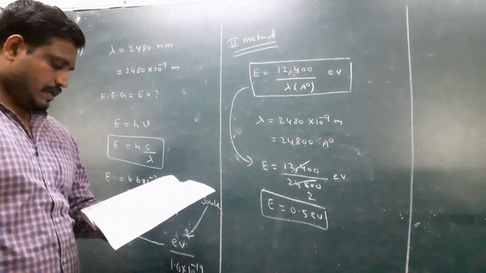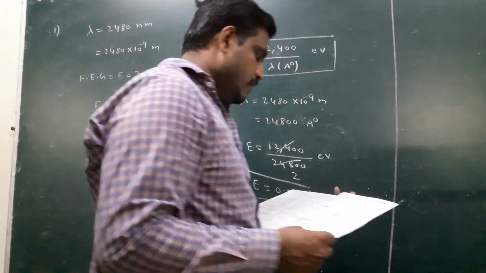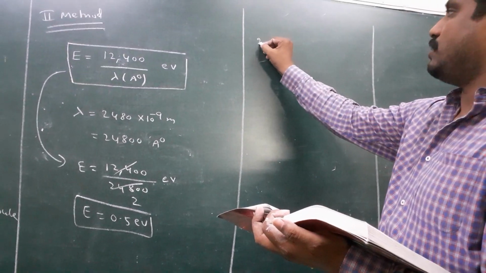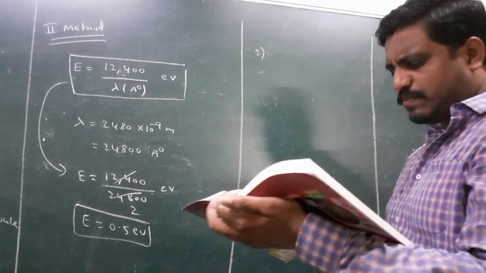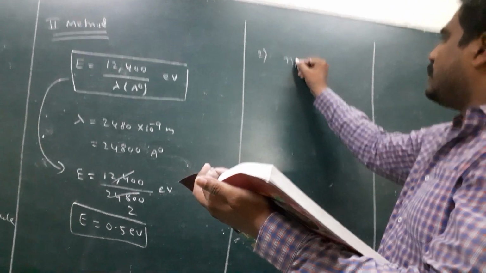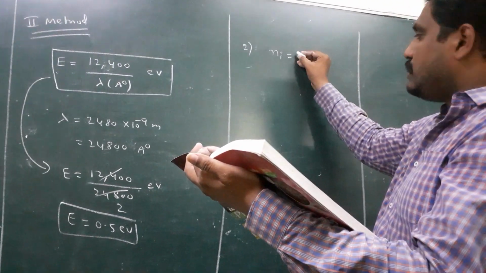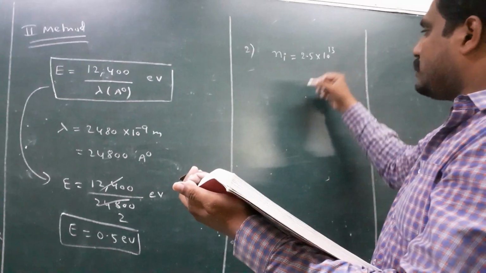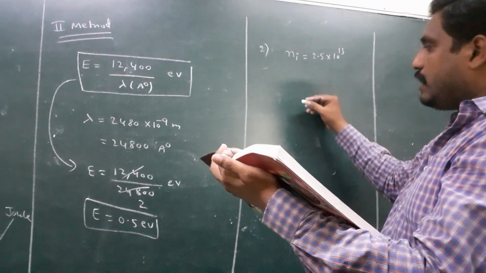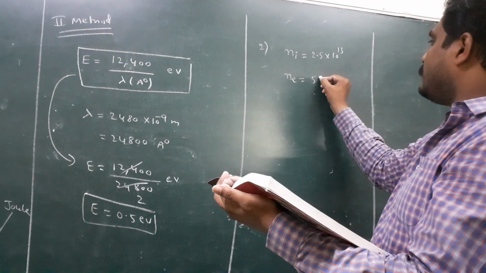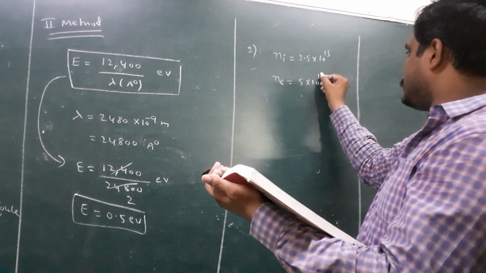Okay. Next problem, a very important model. This is the second problem. In the second problem, for an intrinsic semiconductor, Ni is given. Ni is called number density, 2.5 into 10 power 13. Electron density is also given. Ne is given as 5 into 10 power 16.